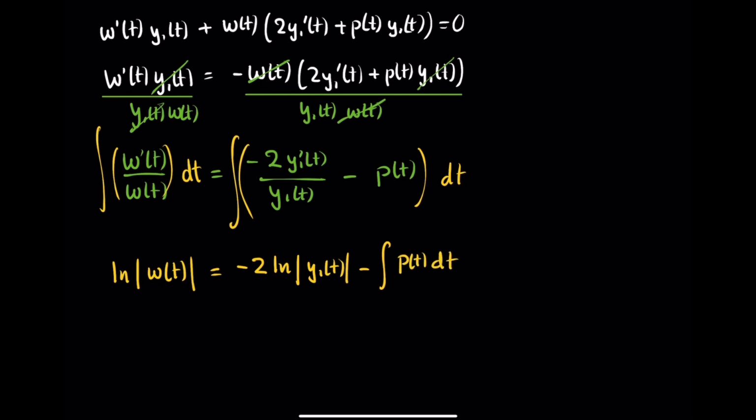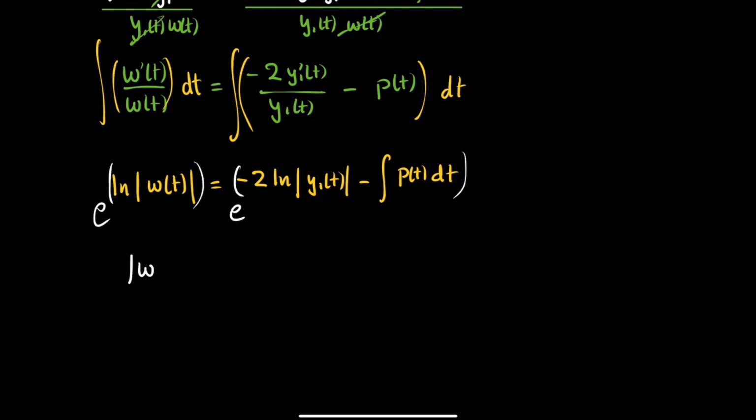If we raise both sides to the power of e, we end up with the absolute value of w(t) equal to, bringing the negative 2 inside, e to the ln of 1 over y1(t) squared.